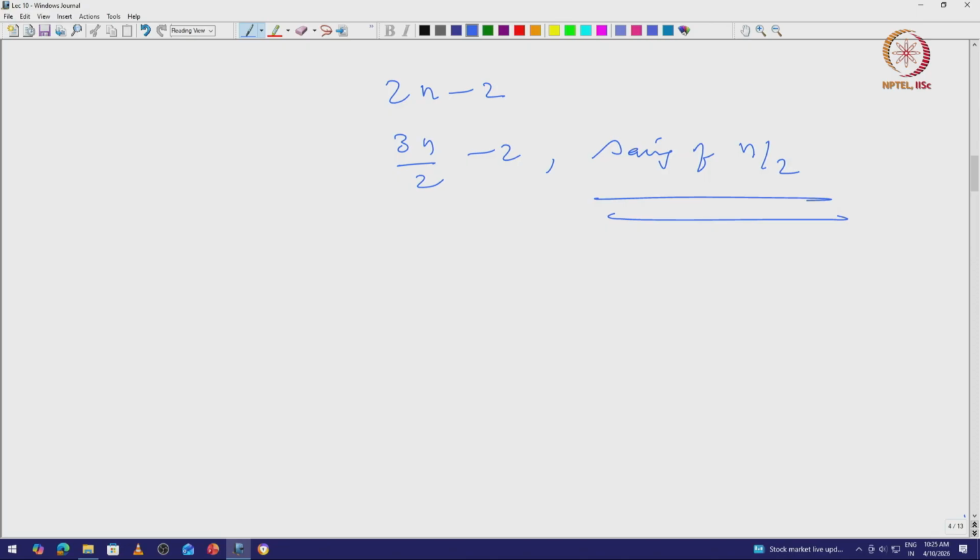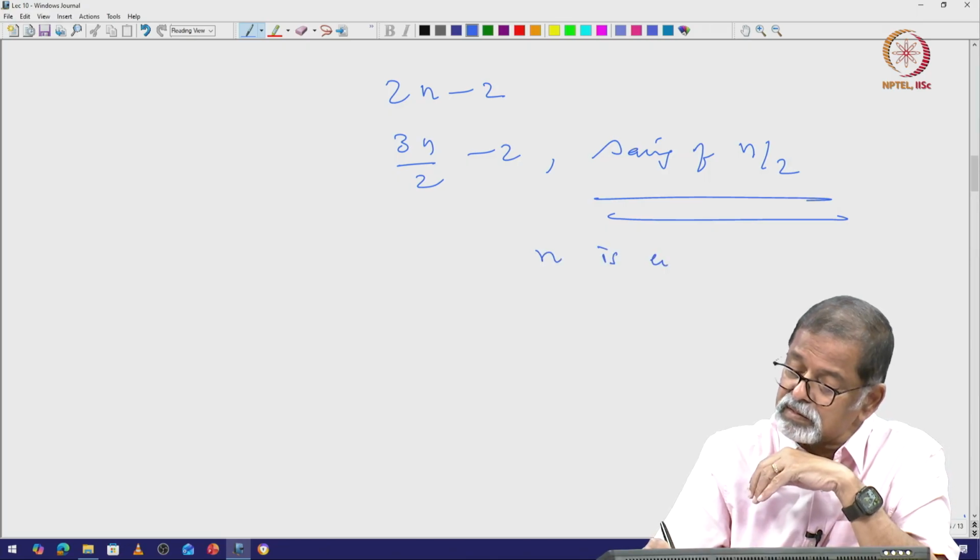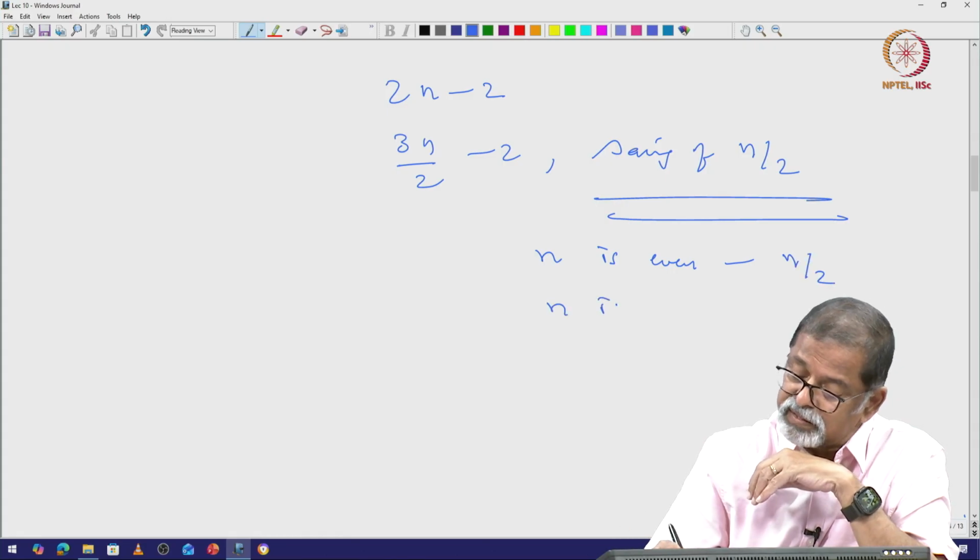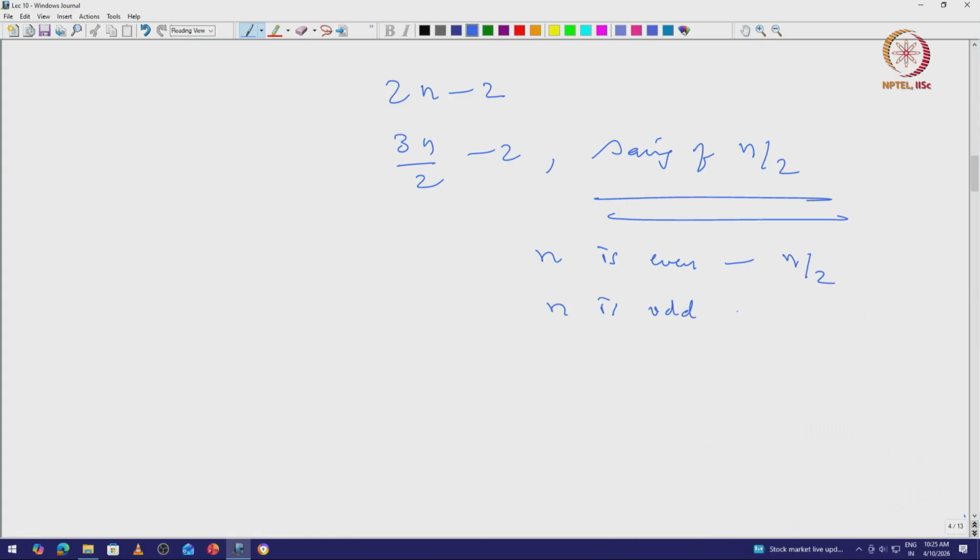So if n is even, you will save n by 2. If n is odd, you are going to save floor n by 2. You are saving k, which is floor n by 2. In any case, you are going to save n by 2 comparisons.